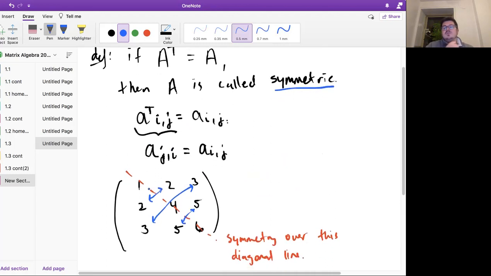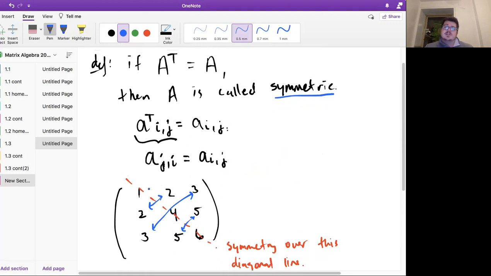So probably we won't get to it today, but maybe next time we're going to talk about graph theory. There's a certain matrix that you can form based on a graph that happens to be symmetric, and it's very obvious why it would be symmetric. But for right now, this is just a definition. You might have a homework problem based on the symmetric matrix, but for right now, it's just a definition. Any questions on that definition?